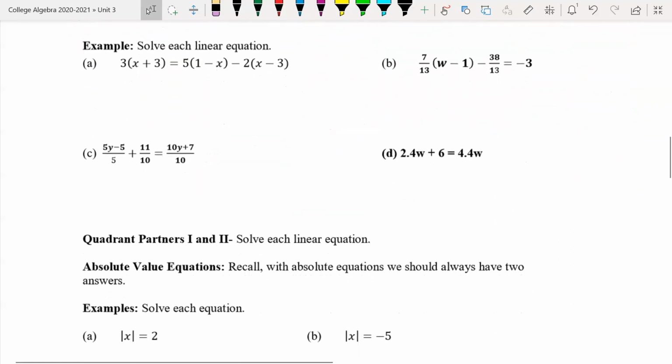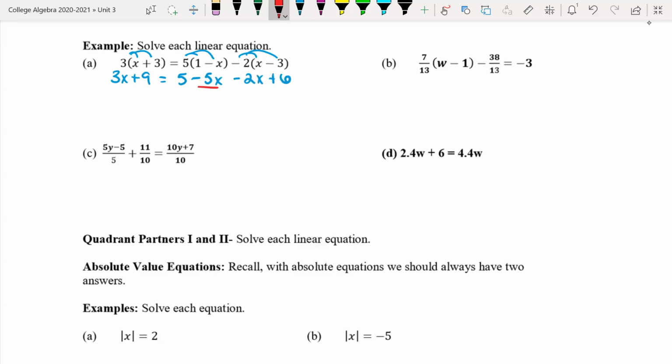So this one says solve each linear equation. This first one, let's go ahead and distribute the 3, the 5, and the negative 2. And then we're going to go ahead and combine like terms on the right-hand side. So we get 3x plus 9 equals negative 7x plus 11.